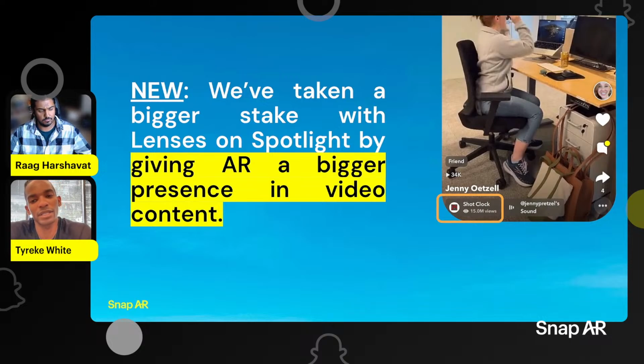When a Snapchatter is looking through the video feed, they're able to see how many views the lens has gotten, and that's meant to inspire them to take action. If they see a lens has gotten a lot of views, we found in our data and measurement that it adds to the sense of people wanting to jump on a trend. Like the shot clock lens, for example, which has 15 million views. If I see that scrolling in the feed, I might say, hey, it has 15 million views. Let me at least see what this lens is about.